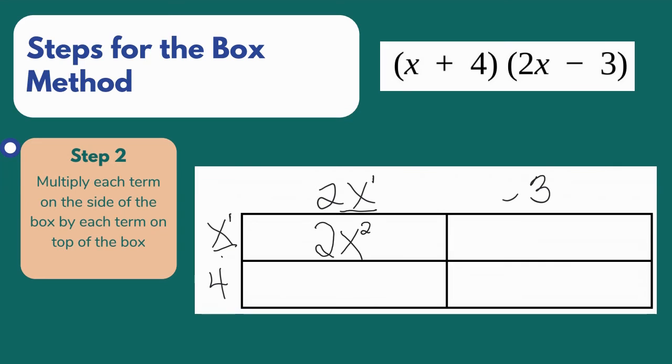Next, let's do x times -3, and x times -3 is just -3x. Then we'll do 4 times 2x, and 4 times 2x is 8x. And finally, we will multiply 4 times -3, and 4 times -3 is -12. So now we have completed step 2. We've multiplied each of our terms together.